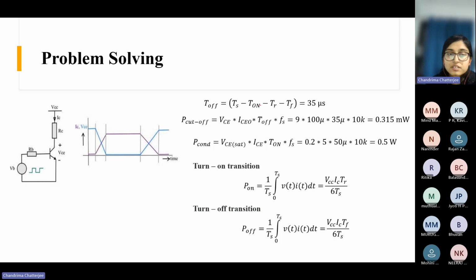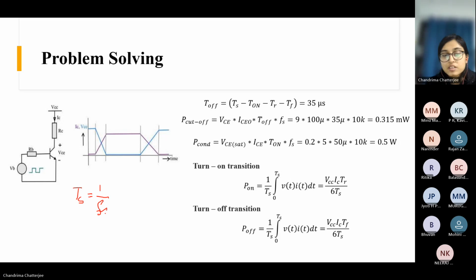First we have calculated the off time, because off time was not given. I calculated it from the total time period. The total time period TS is the reciprocal of our operating frequency. Operating frequency is given as 10 kilohertz. So TS is 1 by Fs, sorry, the handwriting is very bad here.